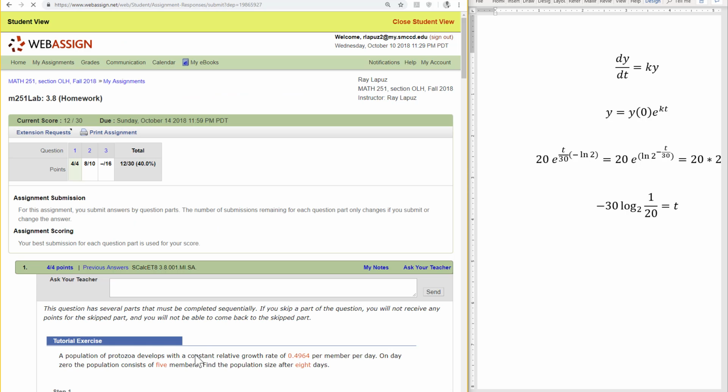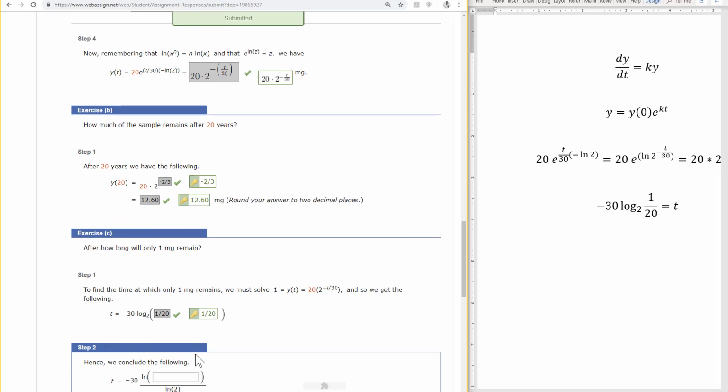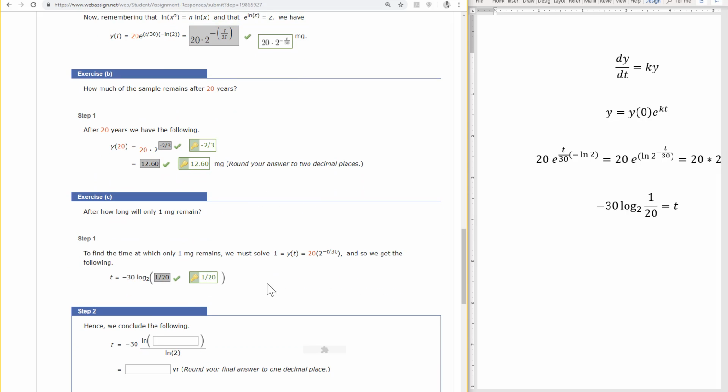And then I suppose you can put that in your calculator to get the actual value. Since you don't have a log base 2 in your calculator, you should use the ln or log, and here they decide to use the ln. So we'll keep the 1 over 20 here, and then we just need to punch this into our calculator.